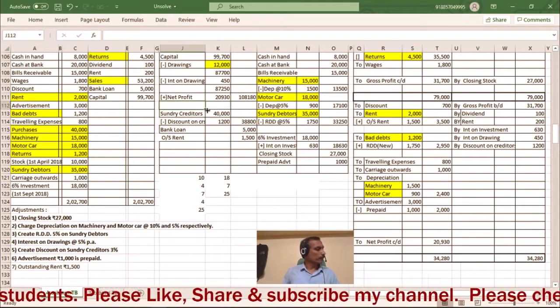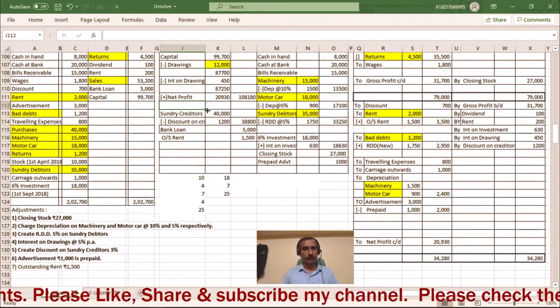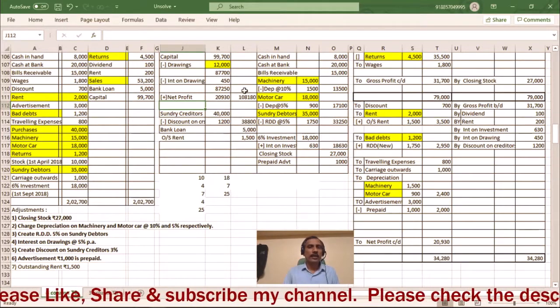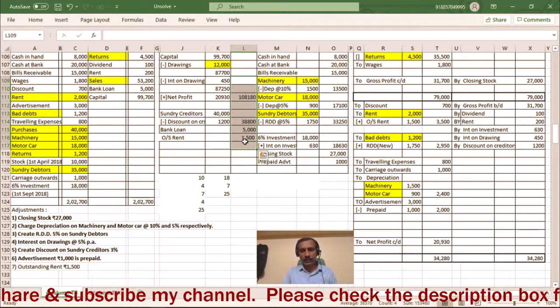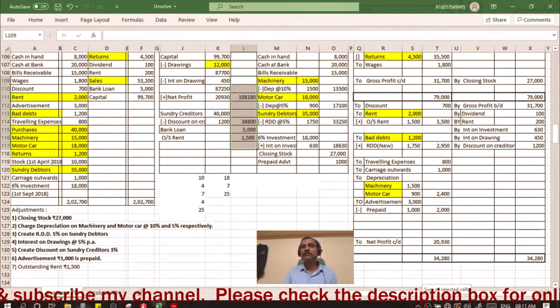Here, whether all these effects. Now 1,08,180. Now we have to sum this column. 1,53,480. You can see it on this bar.